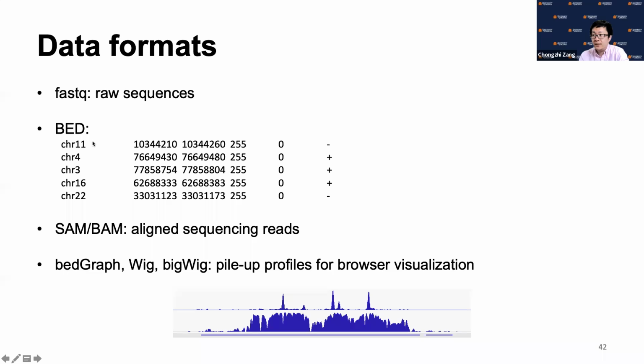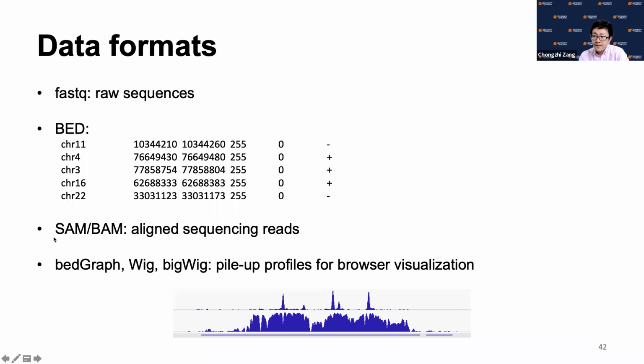The BED format is also very intuitive. Each line represents one region in the genome, and includes which chromosome the region comes from, the chromosomal coordinates of the region, start position and end position, as well as a name, a score, and optional strand information, plus or minus.